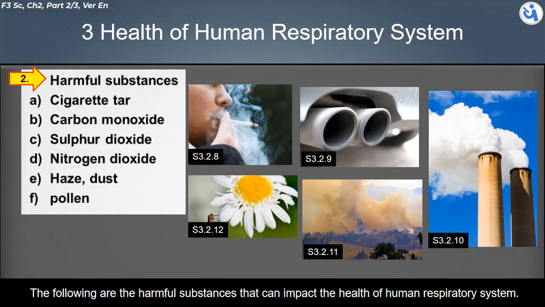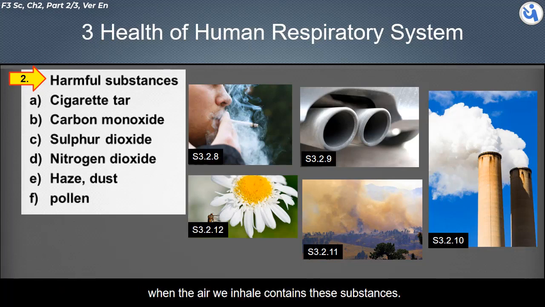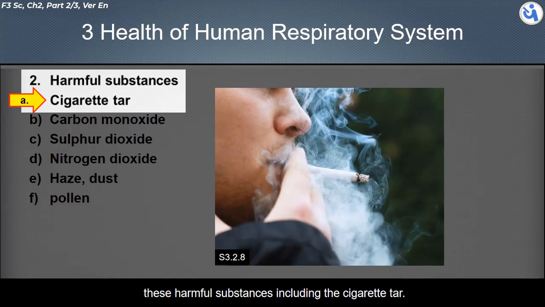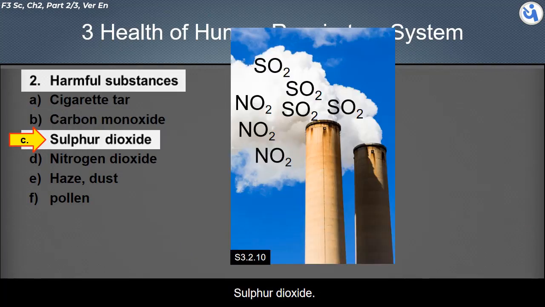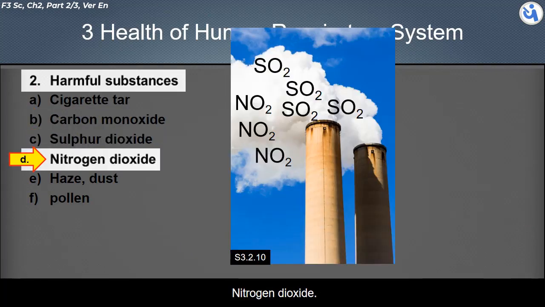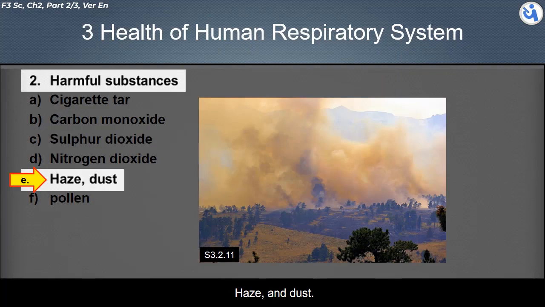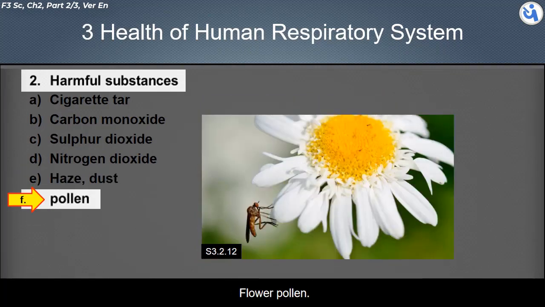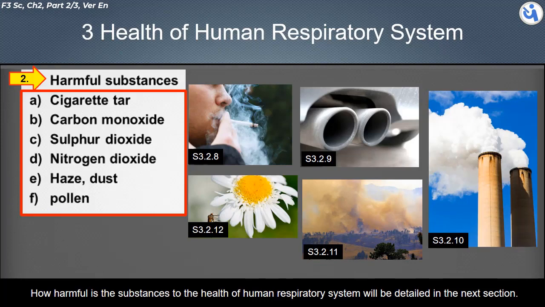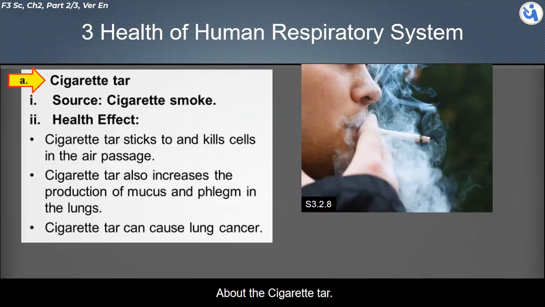The following are the harmful substances that can impact the health of the human respiratory system when the air we inhale contains these substances: cigarette tar, carbon monoxide, sulfur dioxide, nitrogen dioxide, haze and dust, and flower pollen. How harmful these substances are to the health of the human respiratory system will be detailed in the next section.